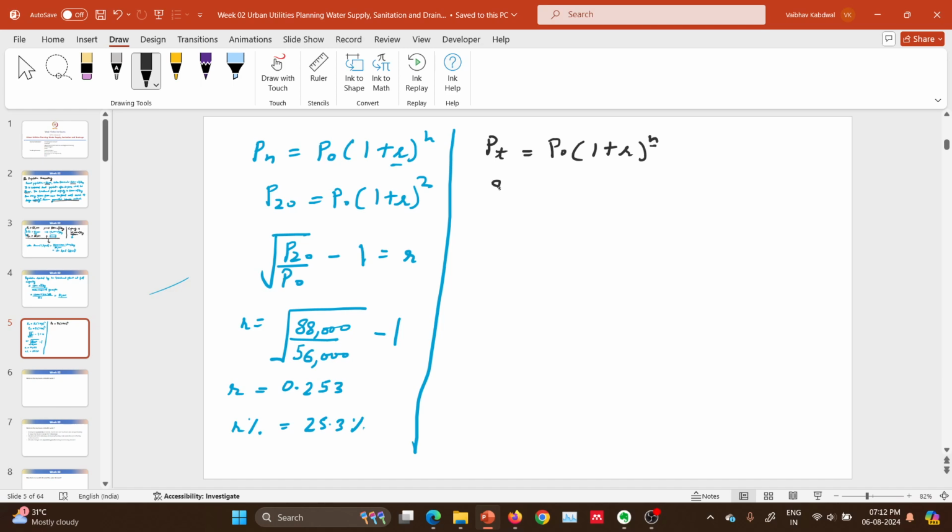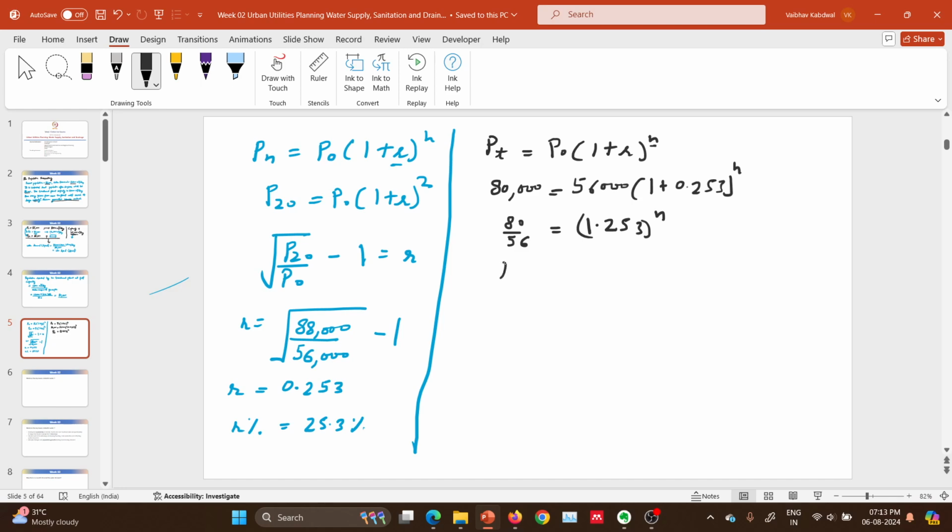We know Pn is 80,000, P0 is 56,000, and R is 0.253, so 80 divided by 56 equals 1.253 to the power n.